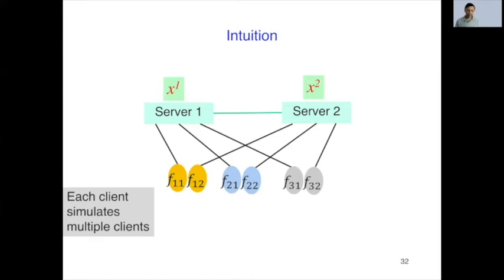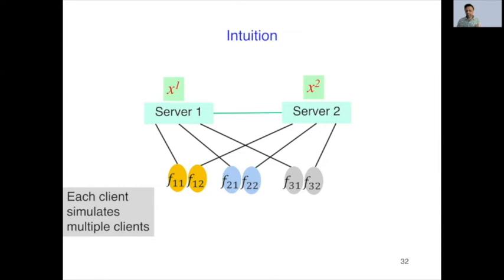But now we are going to have each client or each agent simulate multiple clients or multiple agents. So in this example, each agent is actually going to simulate two agents. Actually, I'm calling them clients in these slides. Agents, clients, nodes, users, these are all jargon for the same thing. So in this example, each client is simulating two clients in a particular way.